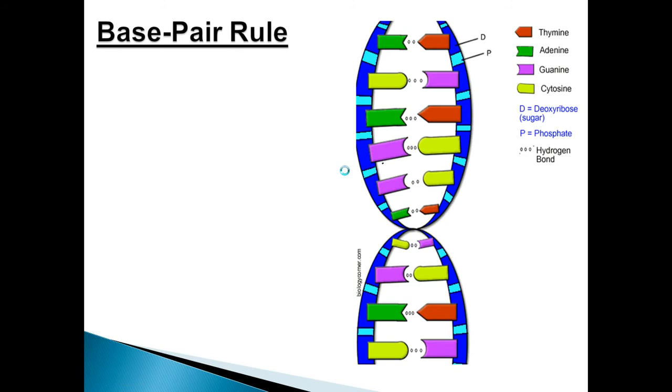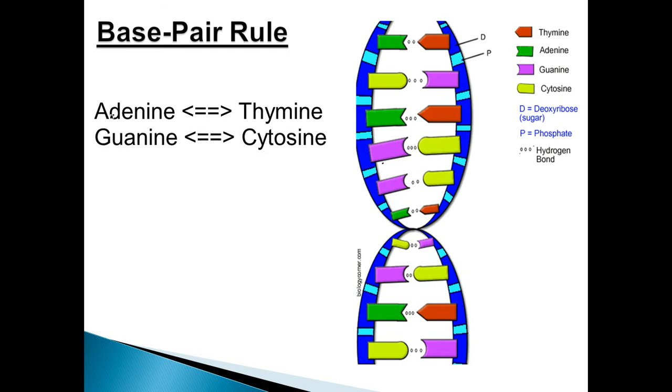There are some rules about how the two sides of the ladder connect to each other. The chemical adenine always bonds with thymine. The chemical guanine always bonds with cytosine. In this way, they form kind of a puzzle. So you can see that puzzle is represented here with the corresponding shapes.